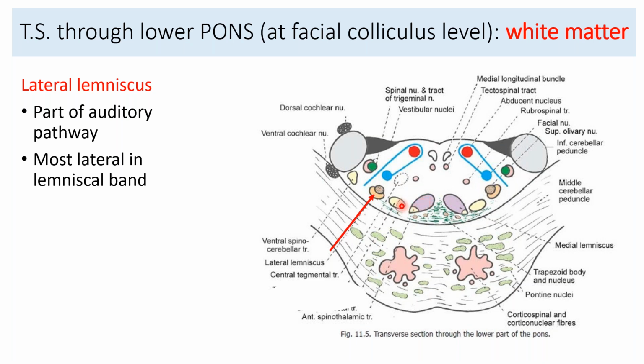Then the trigeminal lemniscus, which carries pain and temperature from the area of distribution of the trigeminal nerve, that is the face, nose, tongue, and conjunctiva. Then the spinal lemniscus, which carries the same pain and temperature from the rest of the body, and the lateral lemniscus, which is for the auditory pathway.